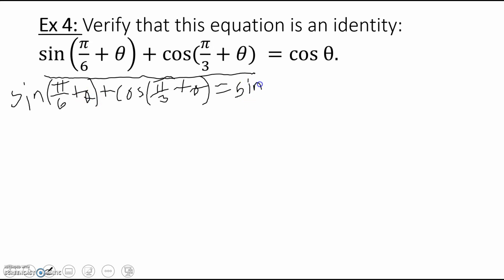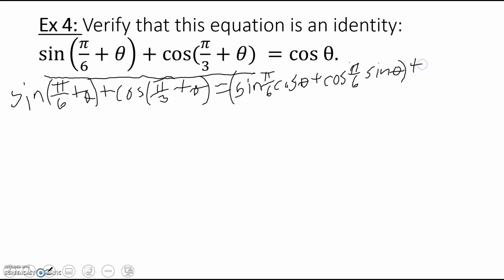So sine of pi over 6 plus theta is going to be sine of pi over 6 times cosine of theta plus cosine of pi over 6 times sine of theta. All right, that's the first one.